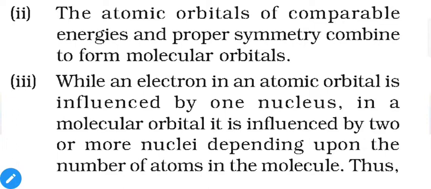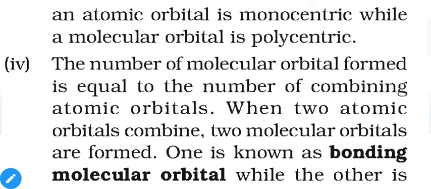As we discussed in the previous point, the SF6 molecule contains a total of 7 atoms. The same thing is applicable in this theory. When multiple atoms are combined in a molecule, they all affect the electrons present in them. And thus an atomic orbital is monocentric while molecular orbitals are polycentric. Mono means single and poly means multiple.